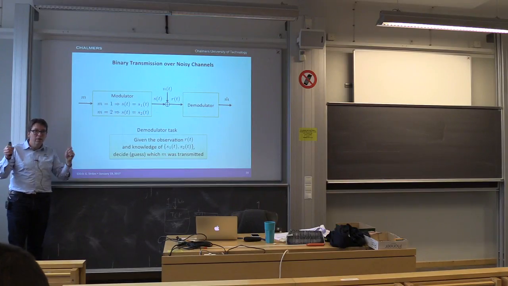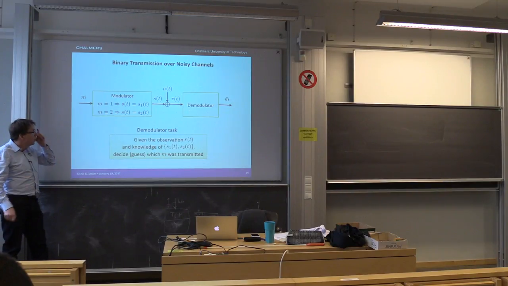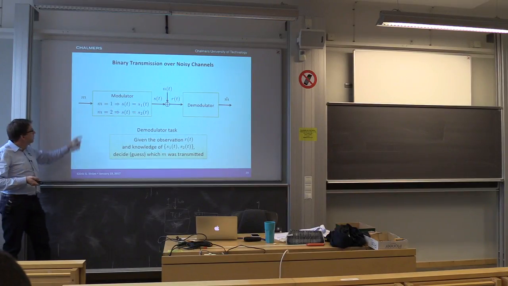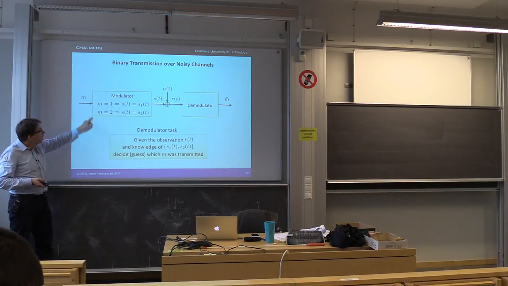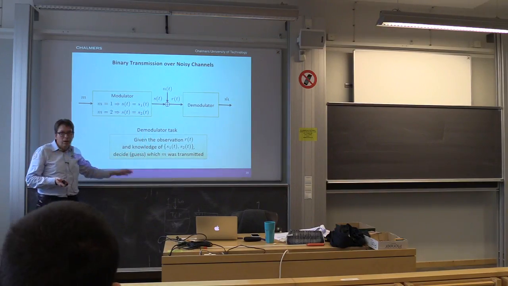So it's a binary variable. And whether it's 0, 1, 1, 2, or -1, +1, it depends on what's convenient for the math, but it has no fundamental meaning. And the modulator is a very simple device. It has 1 bit input, and it should output a signal. So how many signals can it output?